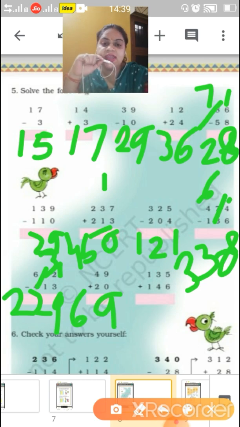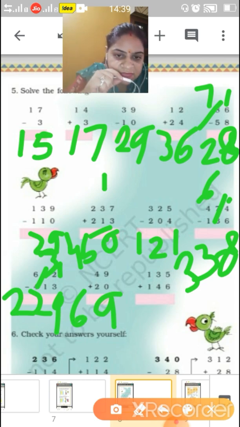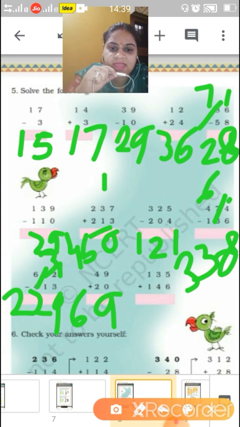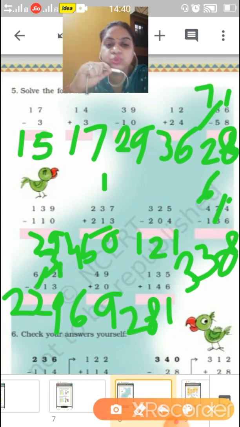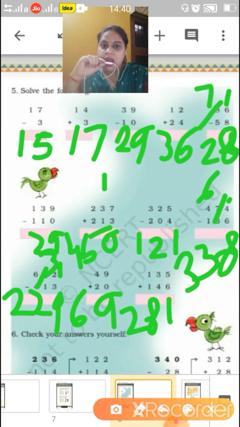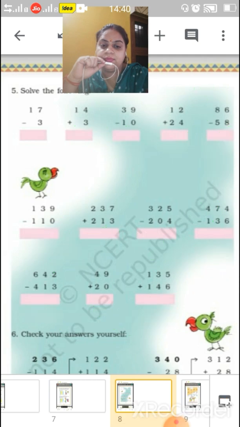So 69. Now 135 plus 146, that is 1. Now 4, 3, 7, 8 and 1 and 1, 2. So 281. Understood? Now come to next.